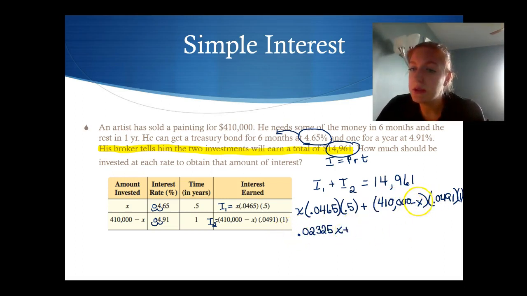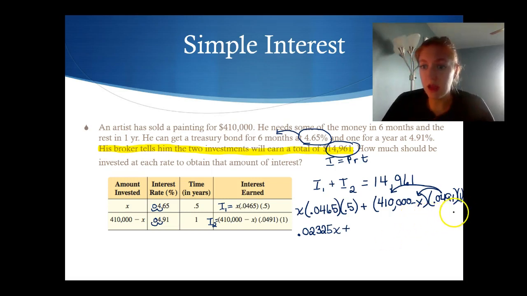Okay, now for this one, you want to be careful because there are two terms in this one. So we want to go ahead and first multiply the part without any addition or subtraction. 1 times 0.0491 is just going to get you 0.0491. 1 times anything is that anything. So let's take this and now distribute it to each term. Gotta make sure we're doing that. So 410,000 times 0.0491.